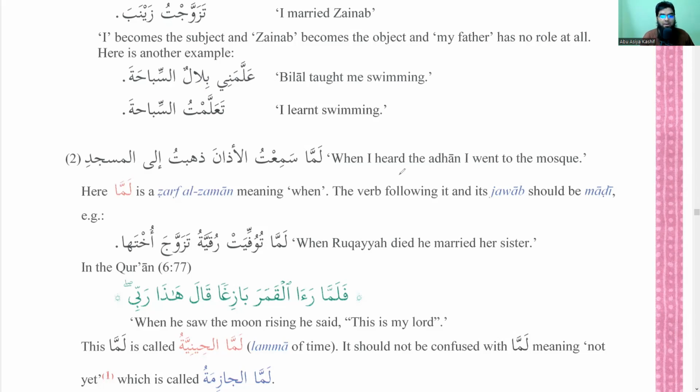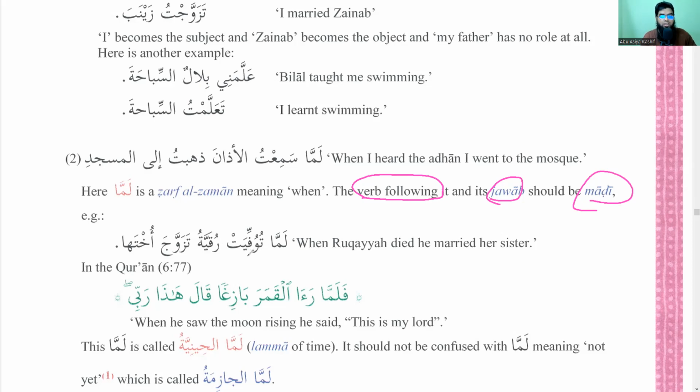So two madis should come: the verb following lamma, and its jawab. Both should be madi. So we are not using it with nouns, we are not using it with mudari. We are using it only with madi. Two madis. Like lamma tuwafiyat ruqayyatu. So tuwfiya is past tense passive.